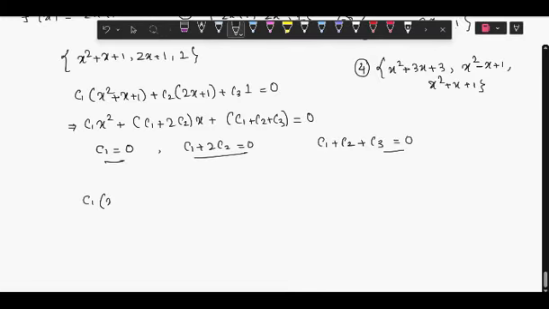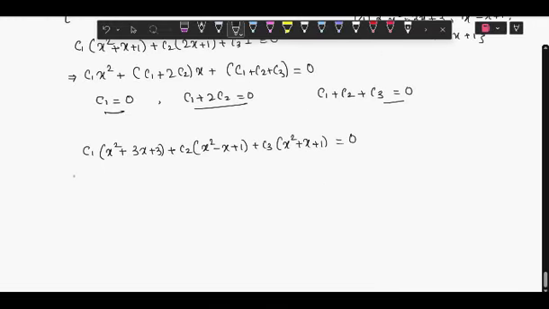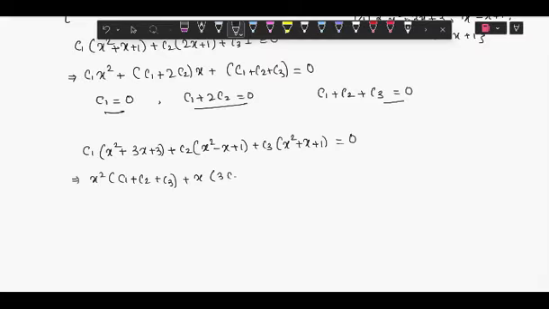So let's consider C1 into x square plus 3x plus 3 plus C2 into x square minus x plus 1 plus C3 into x square plus x plus 1. This is equal to 0. If we take x square common, I have C1 plus C2 plus C3. If I take x common, I have 3C1 minus C2 plus C3. And then the constant term 3C1 plus C2 plus C3.